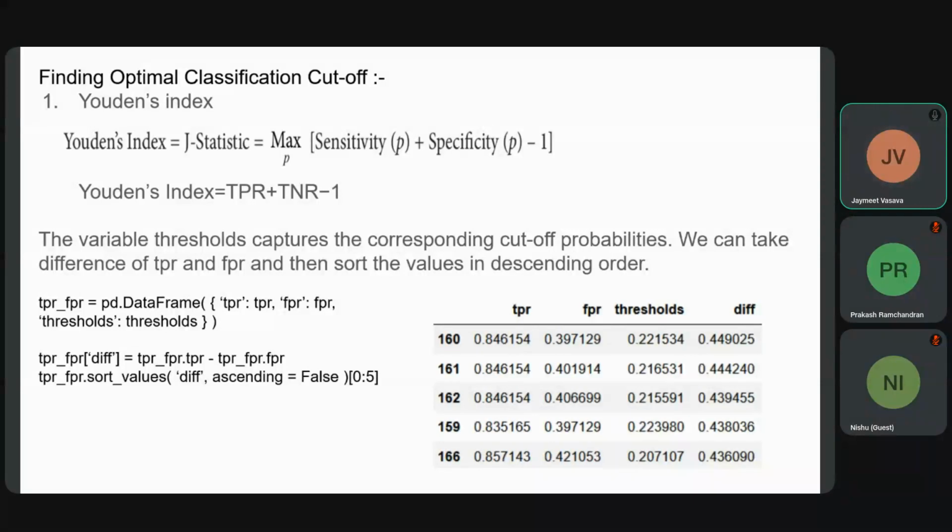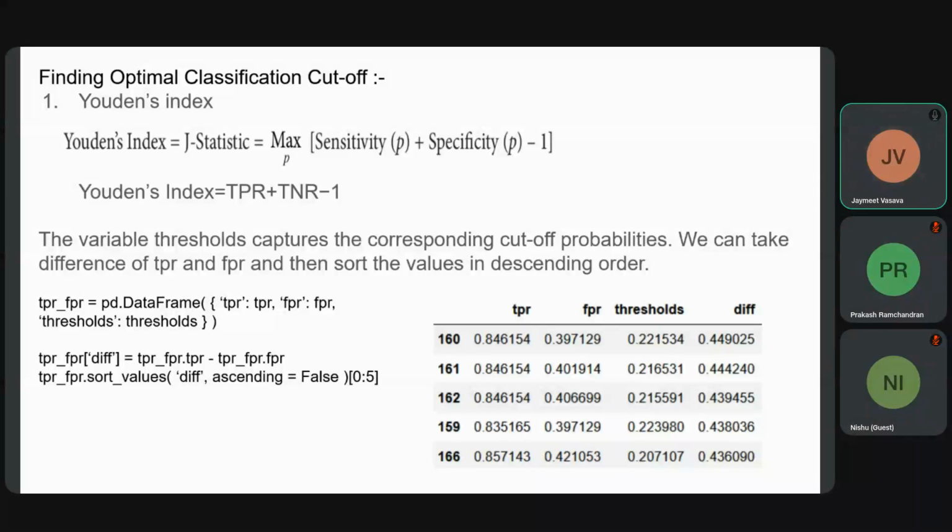Or Youden's index can also be represented as the true positive rate plus true negative rate minus 1. The variable threshold captures the corresponding cutoff probabilities, and we can take the difference of TPR, true positive rate, and FPR, false positive rate, and then sort the values in descending order.